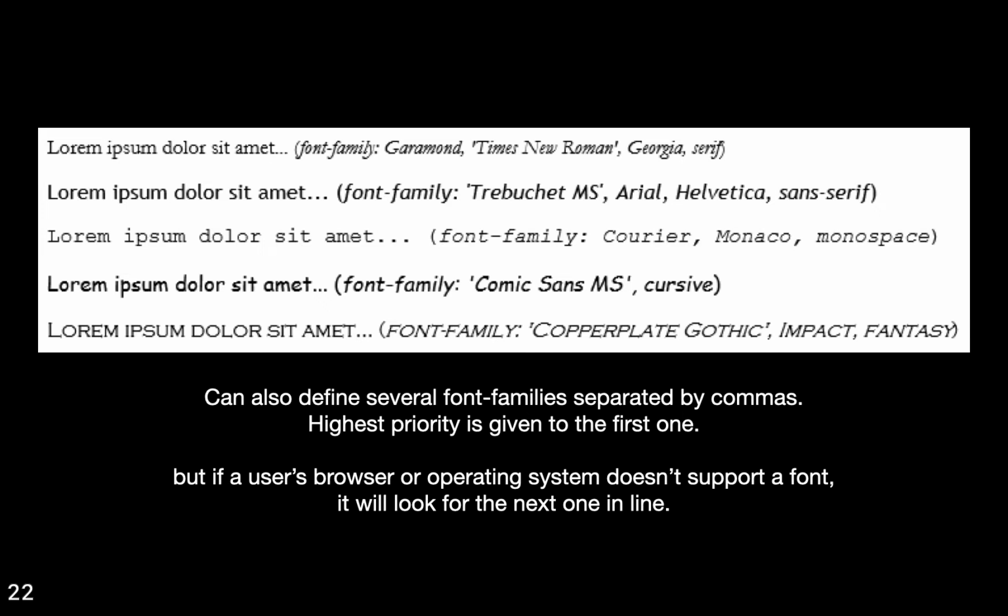We have Courier. The way you do this is you specify the exact font you want, and then you roll down to more and more likely fonts until you get to a super generic one. It's like, okay, if all else fails, I just want some kind of monospace font. So, whoever's loading this page, please find whatever monospace font works. Simple stuff.